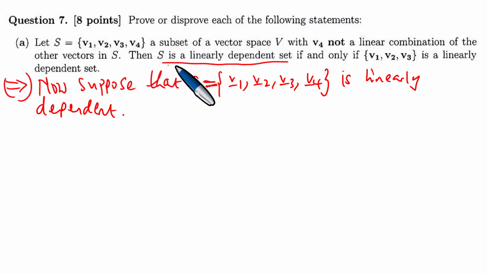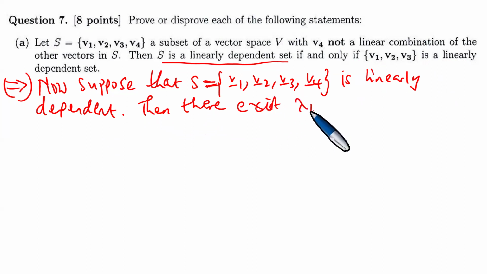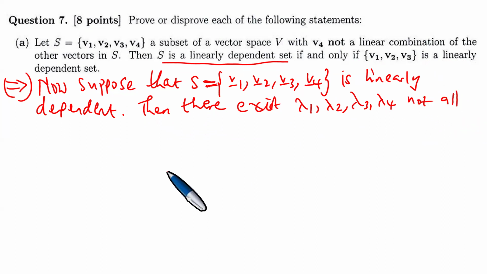Because you start with S is linearly dependent. Then you want to prove that these fewer ones would also be linearly dependent. Because it's linearly dependent, then there exist lambda 1, lambda 2, lambda 3, lambda 4, not all what? Not all 0.